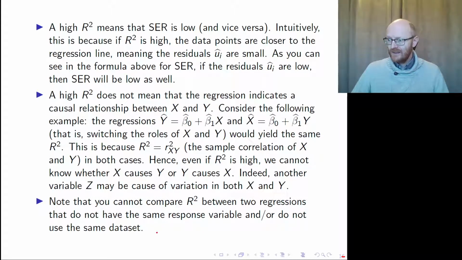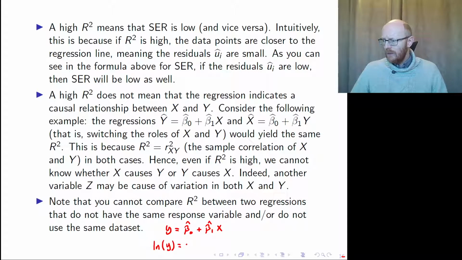So for example, if you have y equals beta naught plus beta 1 hat x, and in a different model you use the logarithm of y, you have changed the y variable, but you are estimating a linear relationship.